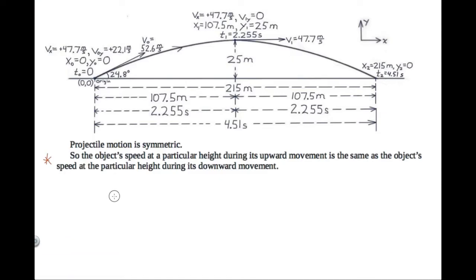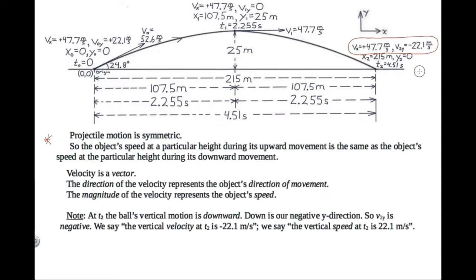To give you a little more intuition for this result, remember that projectile motion is symmetric. So the vertical speed when the ball hits the ground will be the same as the vertical speed when the ball leaves the ground. So v sub 2y equals negative 22.1 meters per second.